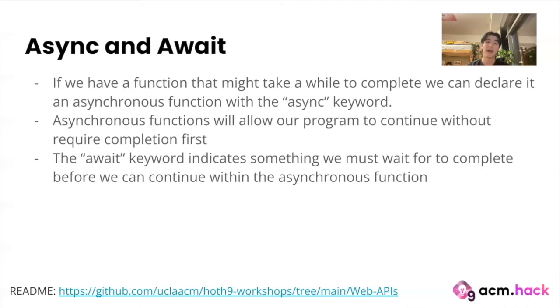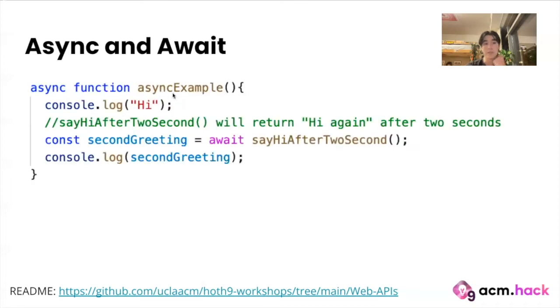And then once it does that, it might do something else. So let's take a quick look at an example of this. This is an asynchronous function that we have here. It's going to say hi twice, but the second time it says hi will be 2 seconds after the first time.